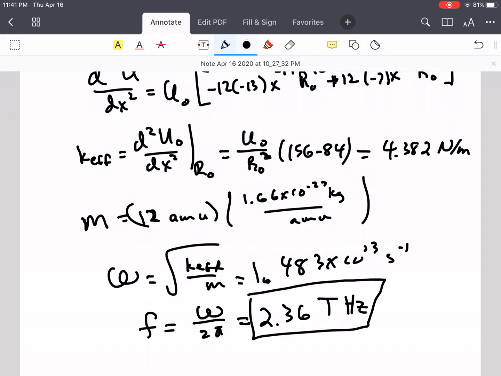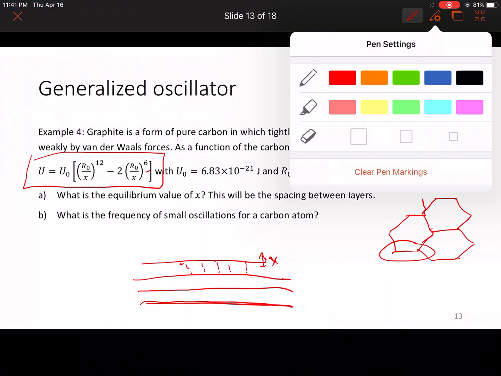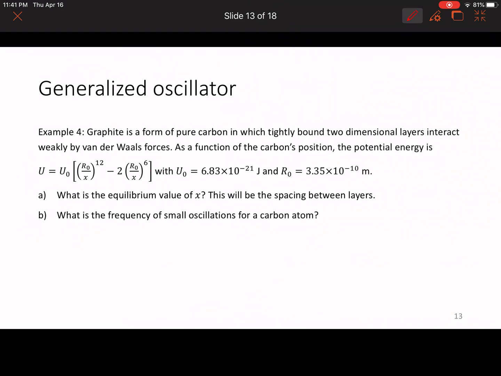And now why do I care about that? So this turns out to be a really interesting fact about nature. This is roughly correct. The small oscillations of those layers are around 2.73 terahertz. They're actually a little higher than that. They're at a couple 10 terahertz, but I don't know the number exactly offhand.